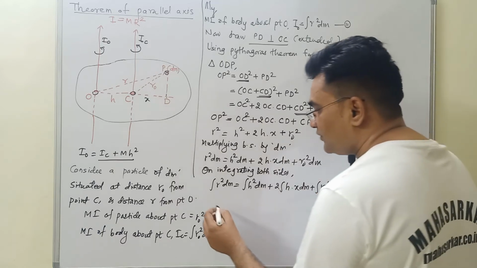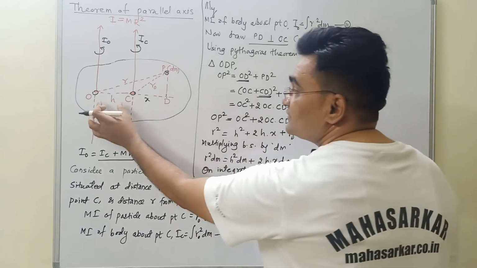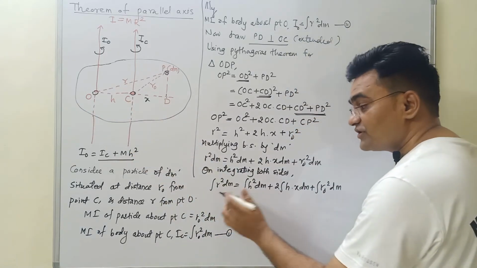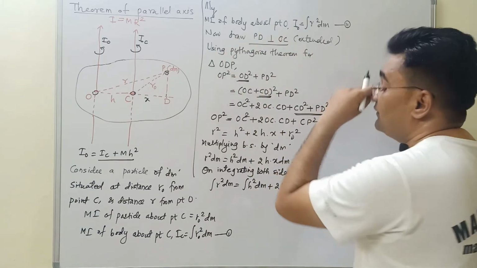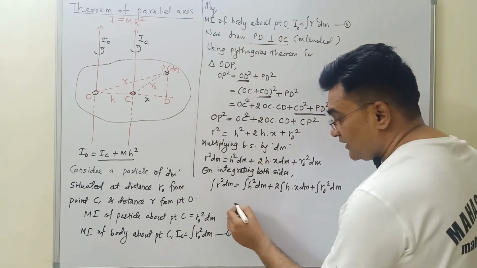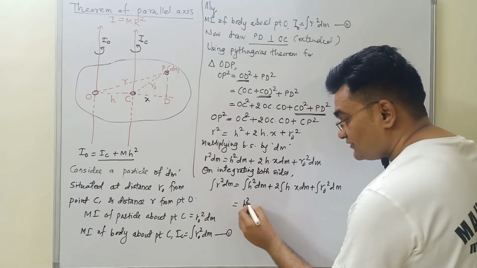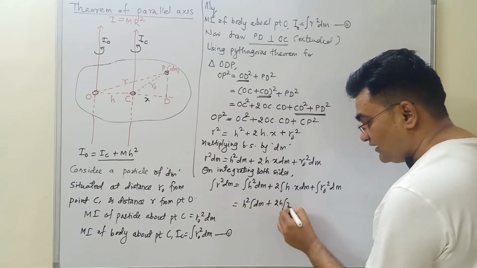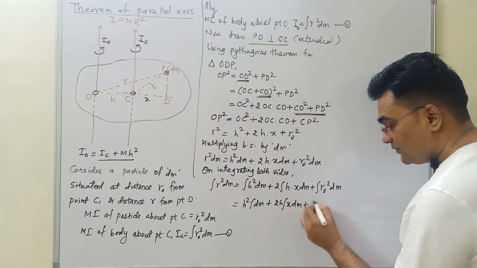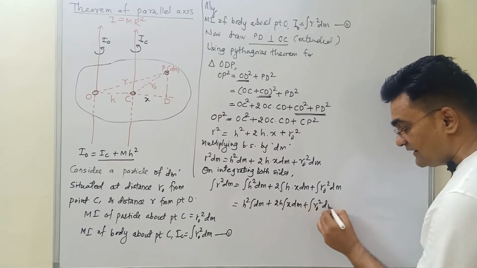Now see here a few things. The distance between the two axes is the same, so it can be considered constant. For these values we have equations 1 and 2, but before that I will adjust these few things: H square integral dm plus 2H into integral X dm plus R0 square integral dm.